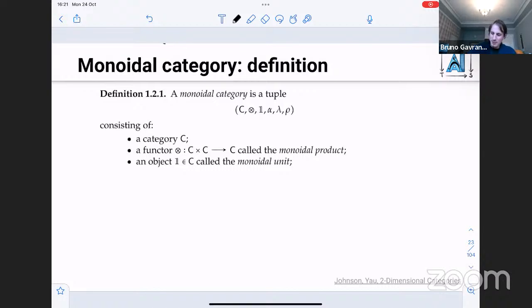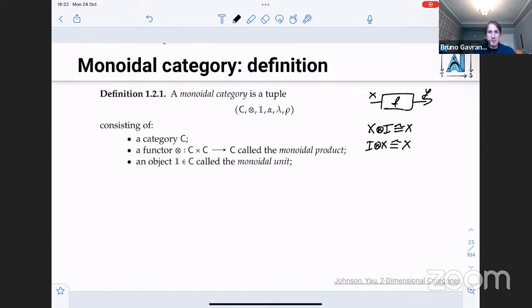So, for instance, I told you that the monoidal unit 1 is a particular object that represents the empty space, which means that we'd expect having an object X in parallel with the empty space is isomorphic to just the object X. Likewise, we might expect doing that from the other side is going to give us the same X.